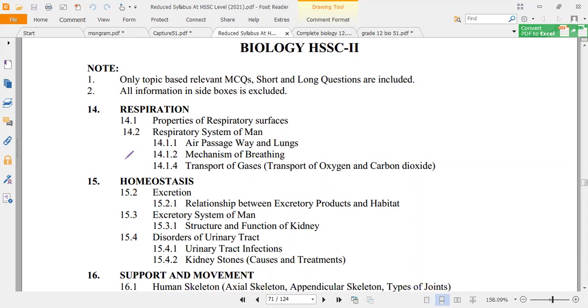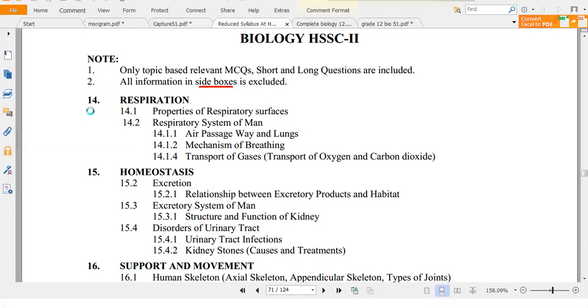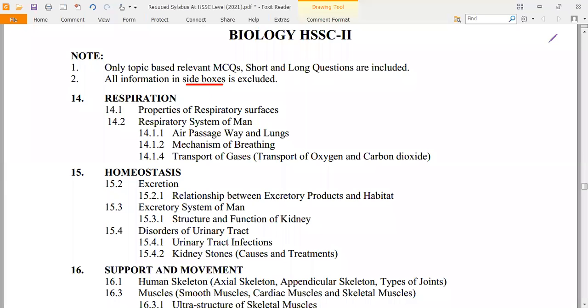And as you know, you have to prepare not only from exercises, so MCQs and short question answers will be included from your given topics. That is very clear. And the information in the side boxes is excluded, whether it is related to the topic or not. So you must have your book in front of you so that you can mark all those topics.